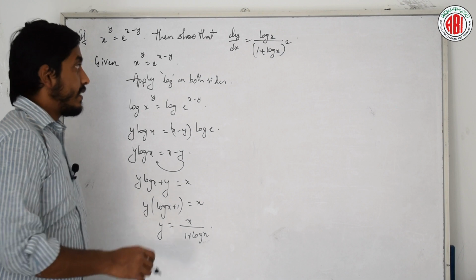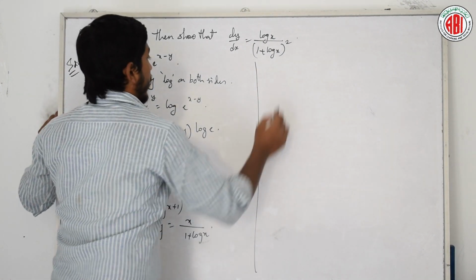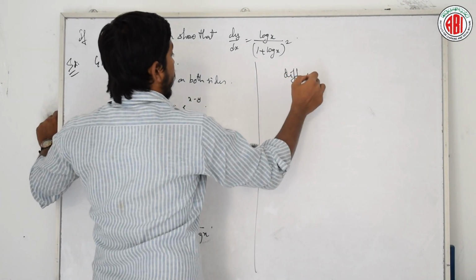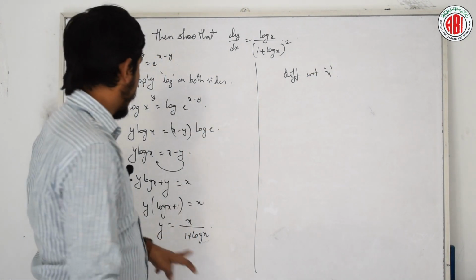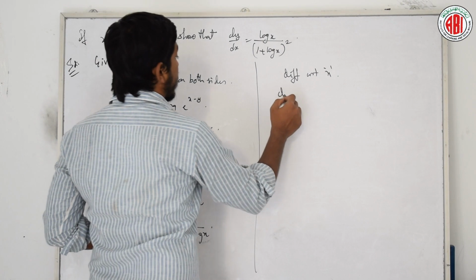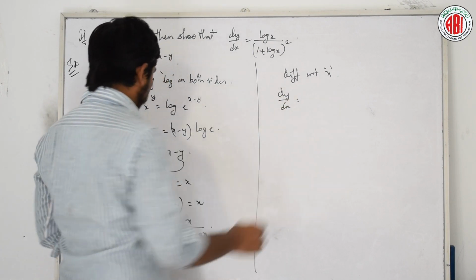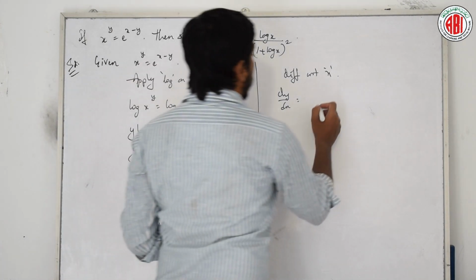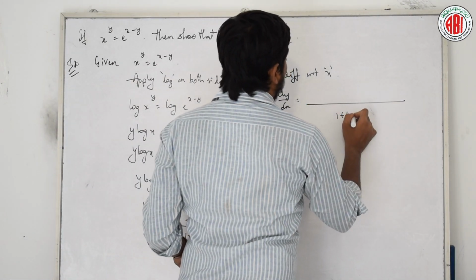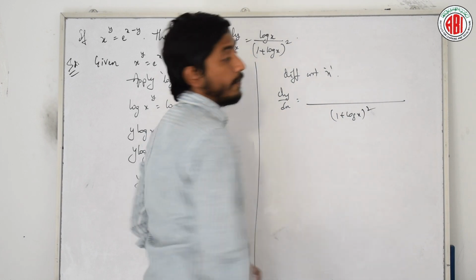Yes, right? Just differentiate on both sides with respect to x. Is it fine? Therefore, differentiation of y is dy by dx. Here, this is the u by v rule, isn't it? What is v squared? 1 plus log x whole square, right?